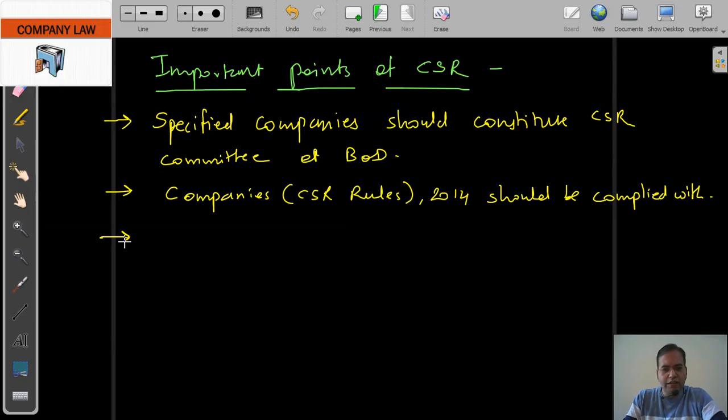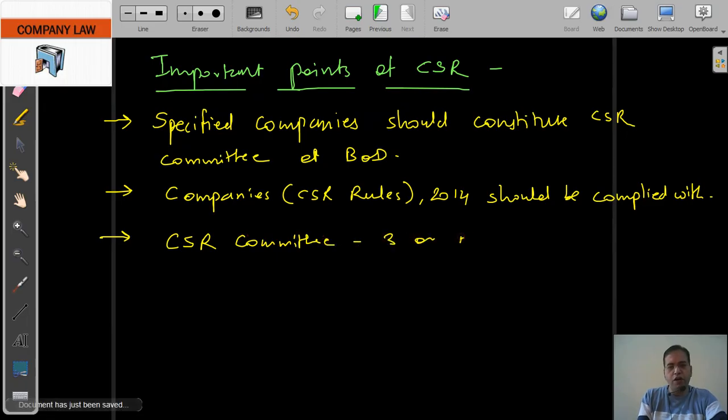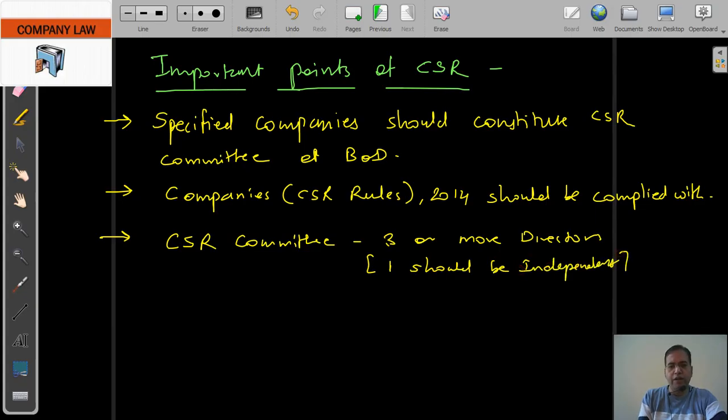Then after that, the CSR committee. How many directors are required? These pointers are also important. The CSR committee shall consist of 3 or more directors, of which 1 should be an independent director, that is mandatory.